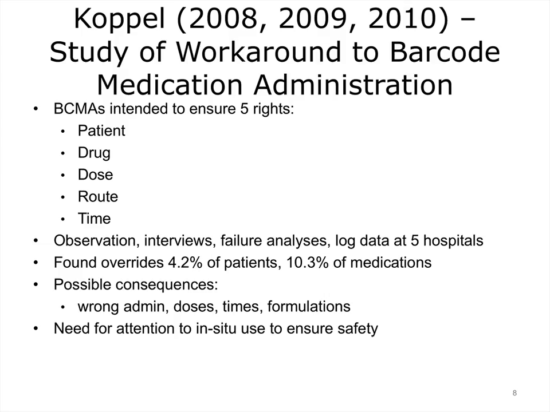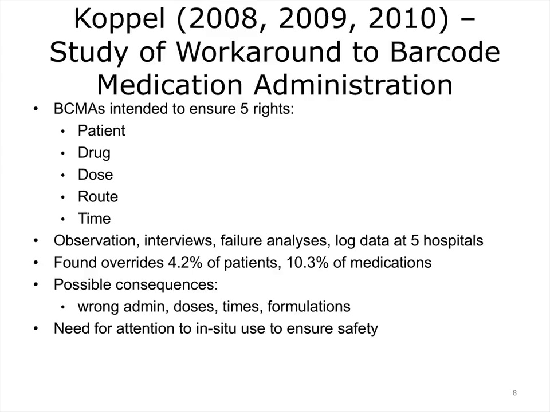Barcode medication administration, BCMA systems, are intended to ensure the 5 rights of medication administration: the right patient, right drug, at the right dose, at the right time, via the right route. His study of workarounds to these systems was done with observation, interviews, failure analysis, and log file data at 5 hospitals.